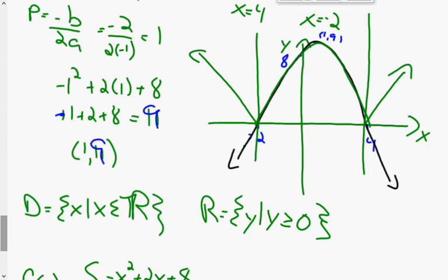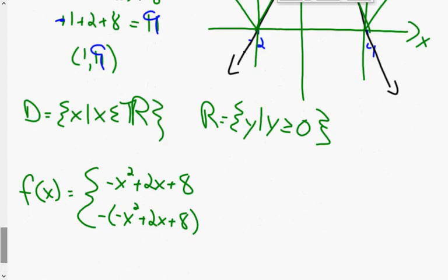This was all positive values. So I could use this function here and still get all the right answers. I'll still get everything positive. Does that make sense? Okay, so I use this for when x is between and equal to -2 to 4. Everything else, I have to use this function here.